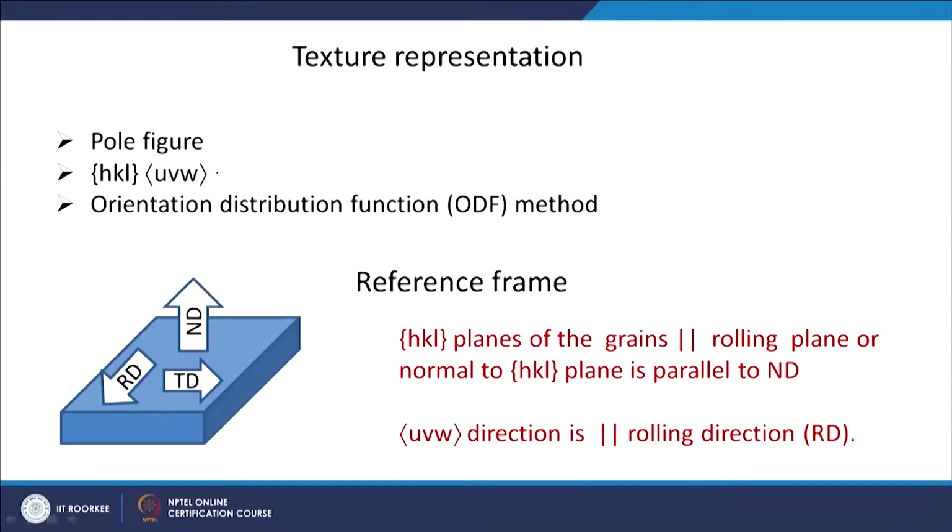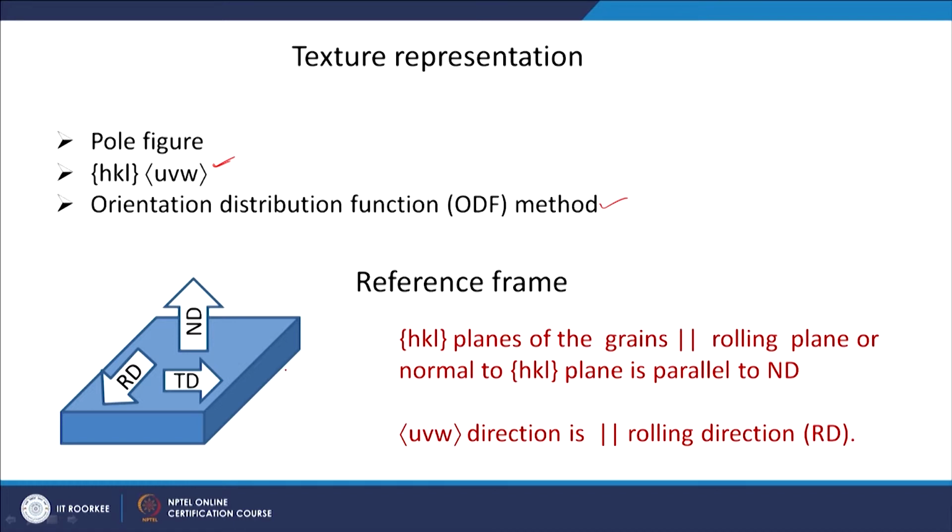Basically, you have 3 methods: you can show it in terms of a pole figure, or in terms of HKL UVW, or in terms of what we call the orientation distribution function method. For example, the HKL example is shown here.